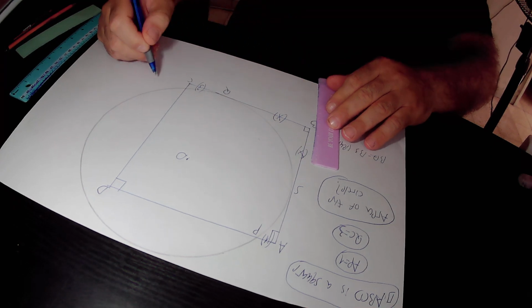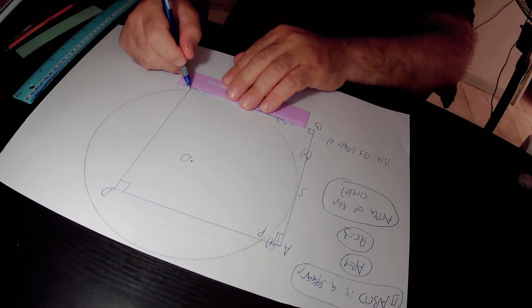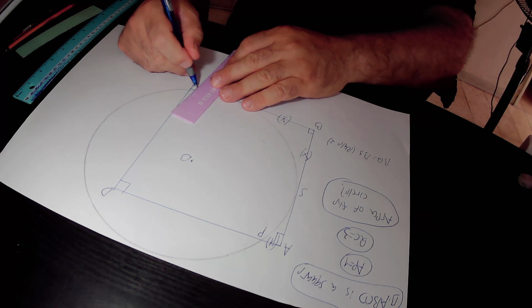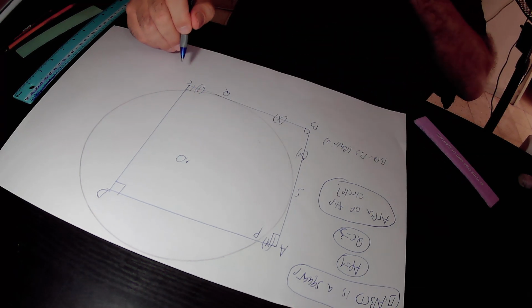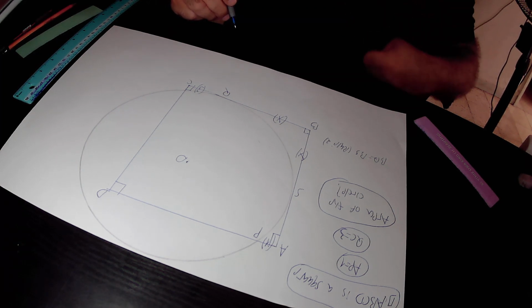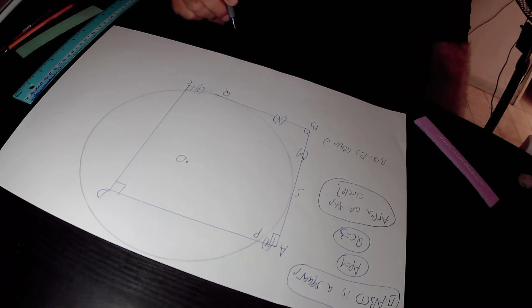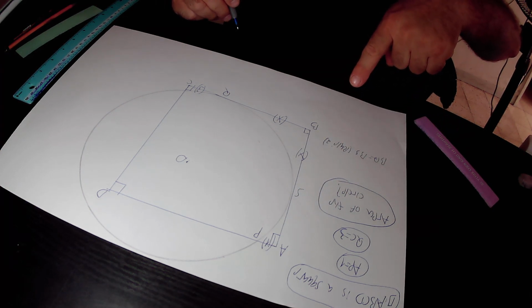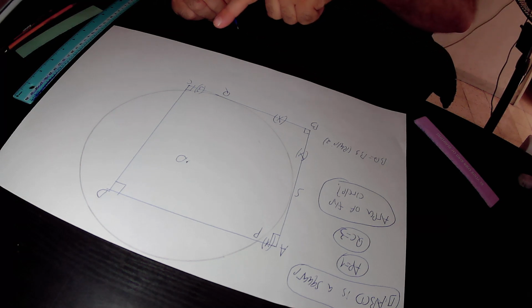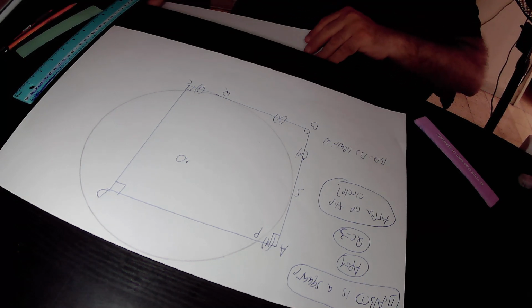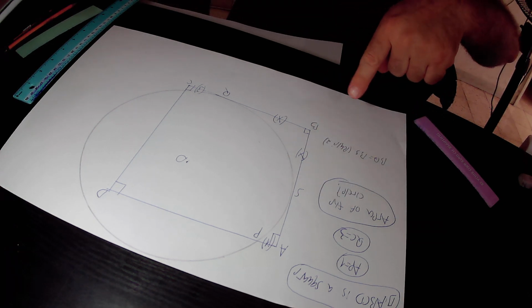And finally, this is also a right angle. And we also know that all the sides in any square are equal to each other. That is to say, in square ABCD, side AB equals side BC.